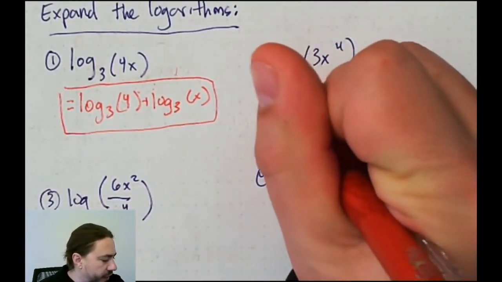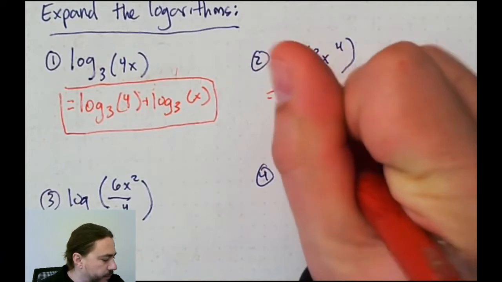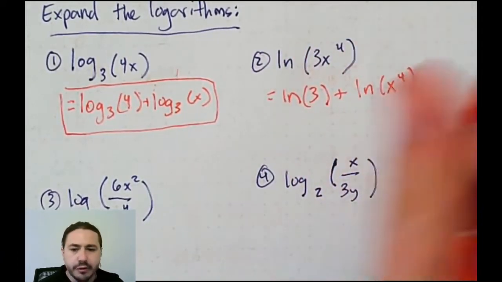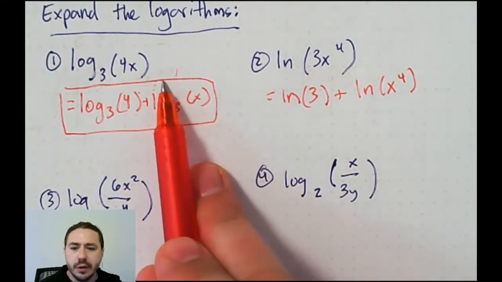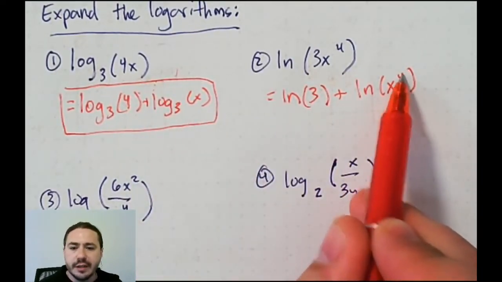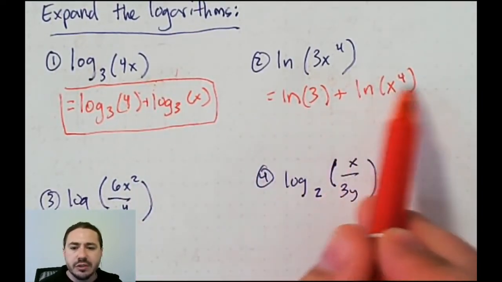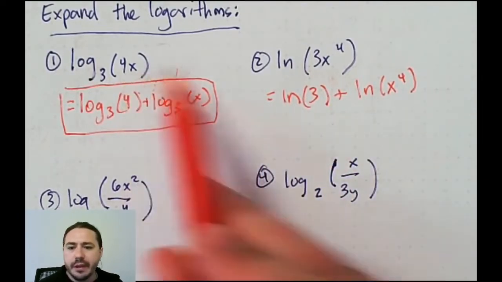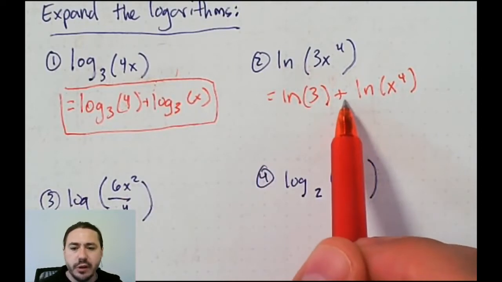So let's say I've got natural log of 3 plus natural log of x to the 4th. So split it up just like what we did in this one. But then we also want to try to take this power out. And what we're doing here is just practicing manipulating these expressions. So we're not solving for anything yet.